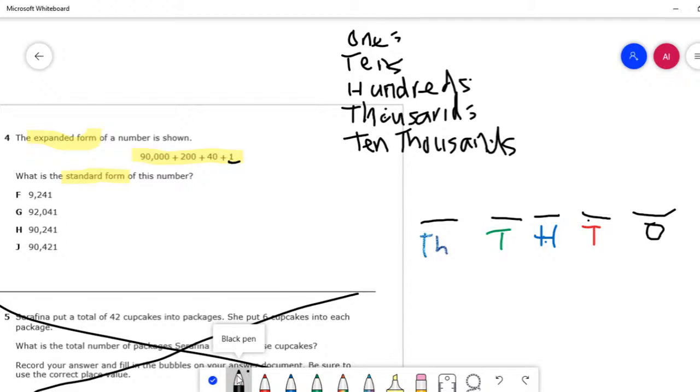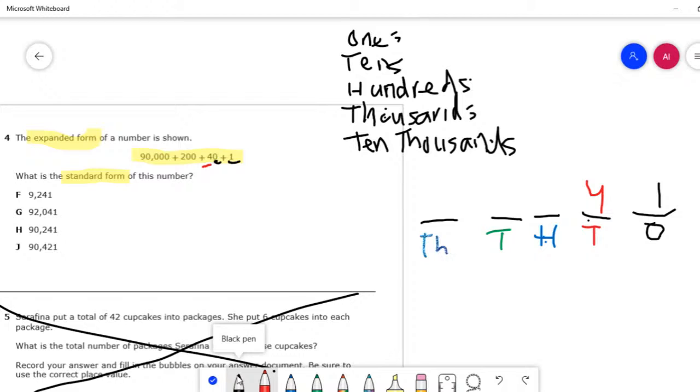So we can move this 1 over to our organized place value diagram on the right here. Now let's look at 40. There's a 0 in the ones place, and in the tens place, we have a 4. So we can put a 4 over here.